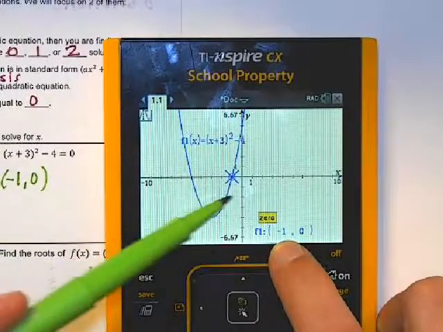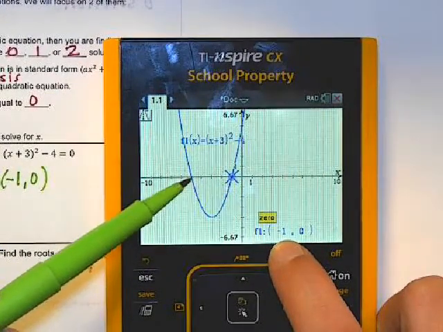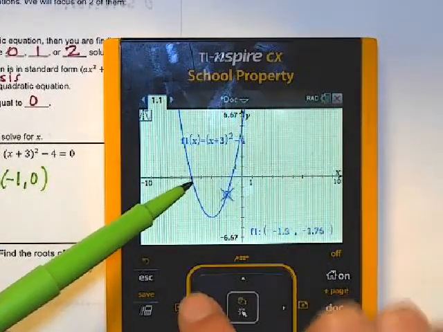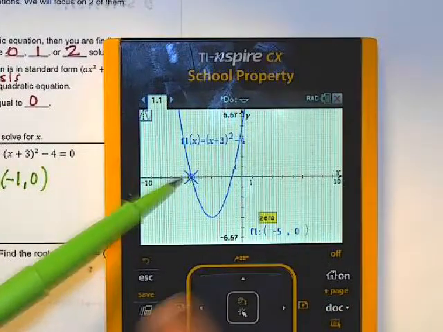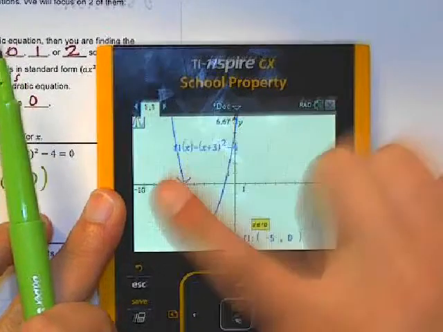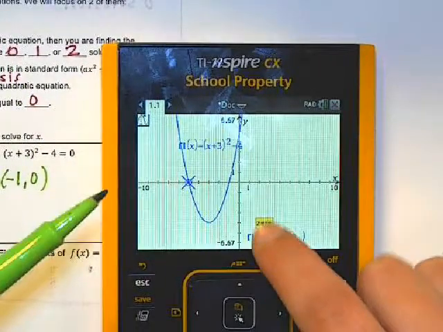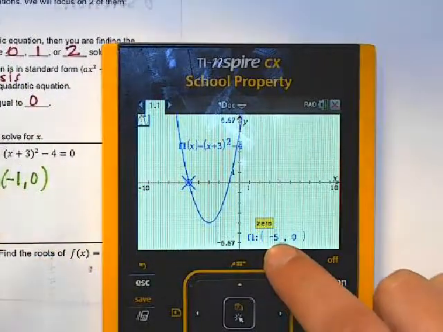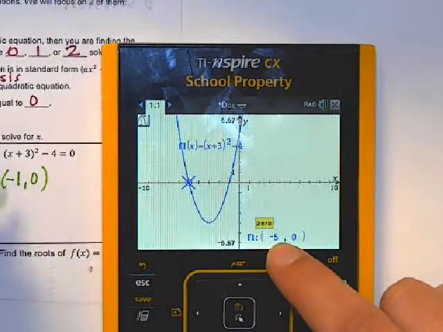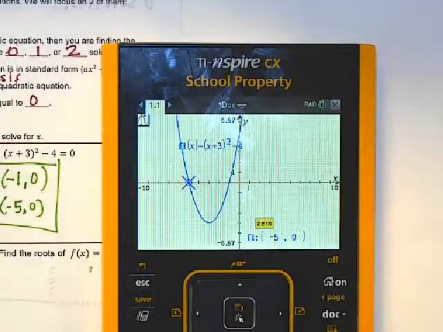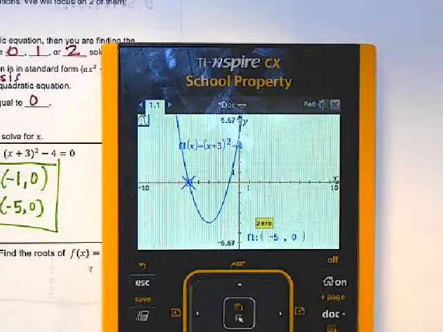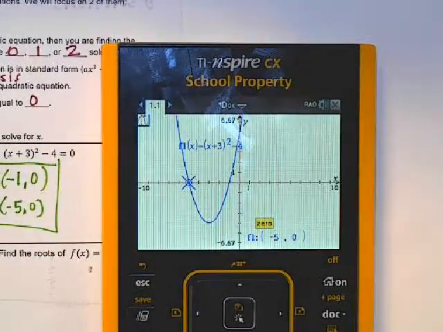Then I'm going to keep hitting the left button until the 0 pops up again. Does everybody see where it says 0? Once it says 0, I know for sure that's my X-intercept, which is -5, 0. And those are my 2 X-intercepts. Any questions? Easy peasy?